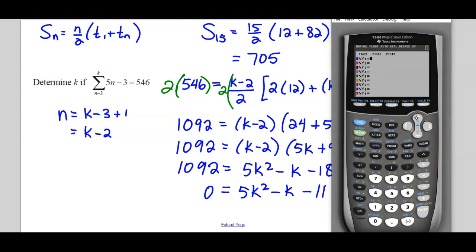Better not forget about it. It's quite a big number, so let's go negative 20 to positive 20. We don't care about the y's really, so negative 10 to positive 10.